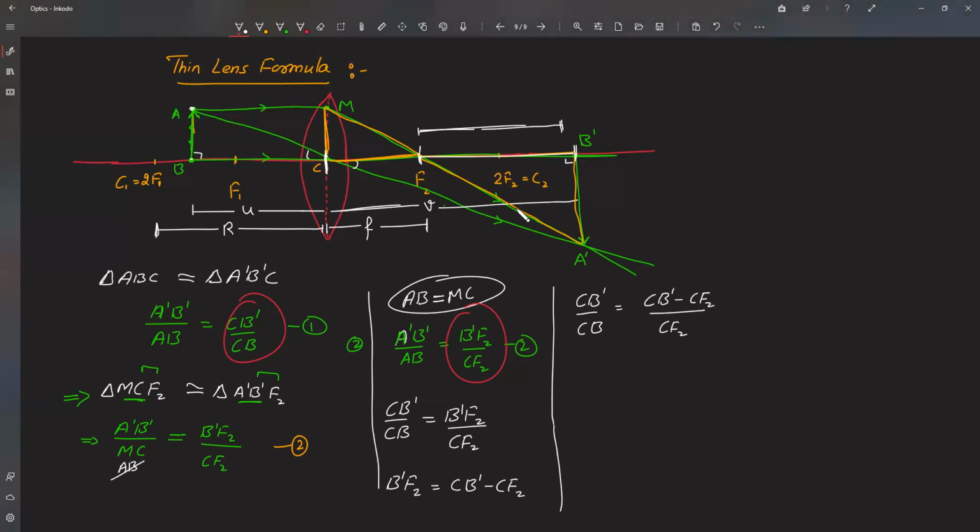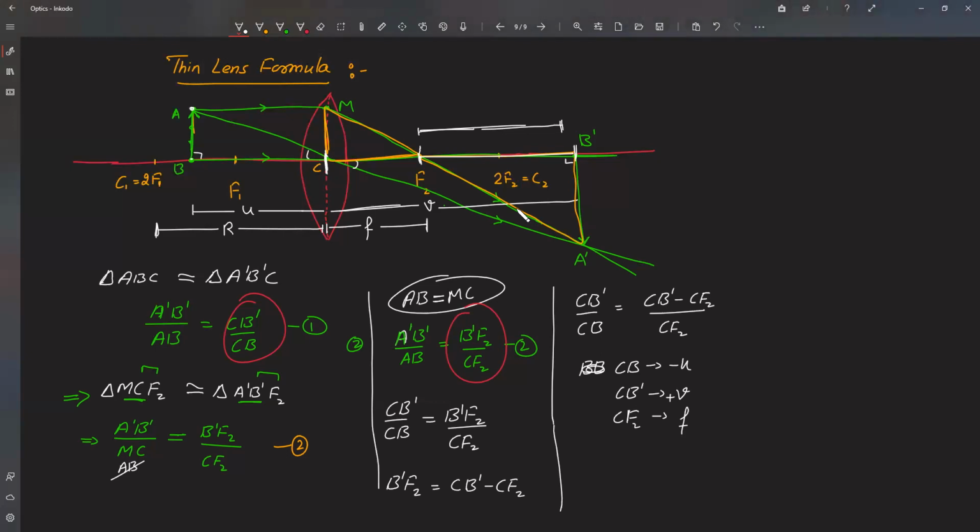So we had this sign convention, so you apply the sign convention to all the symbols there. What will be CB? C to B, is it minus u? CB dash will be plus v, and CF2, which is on the right hand side, will be equal to the focal length f.